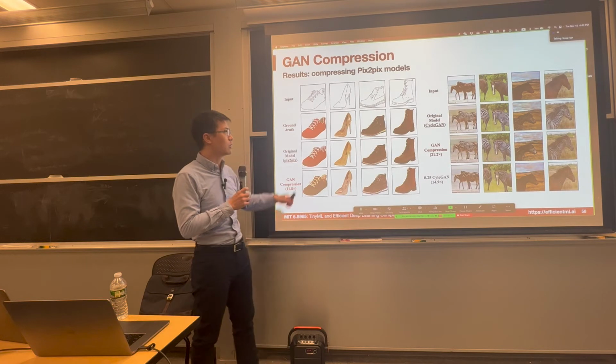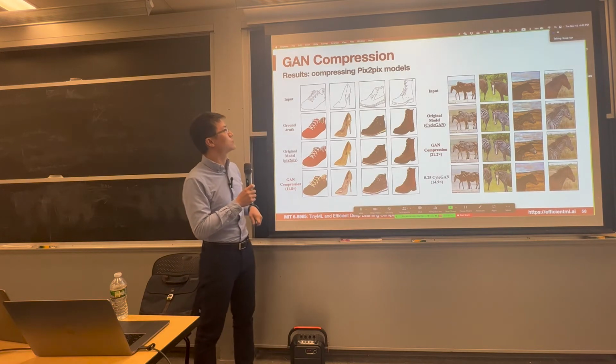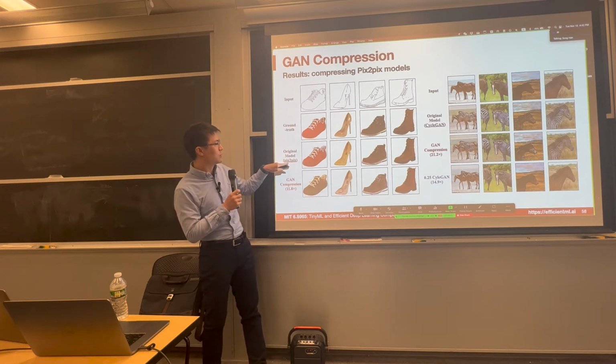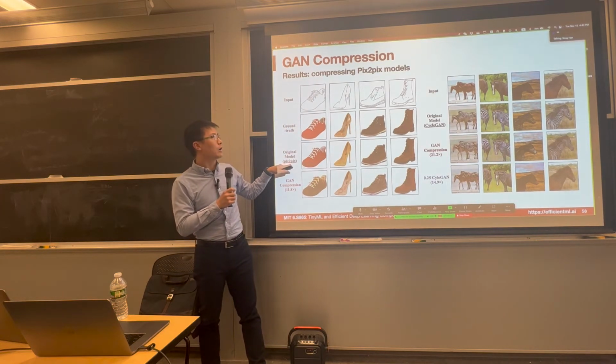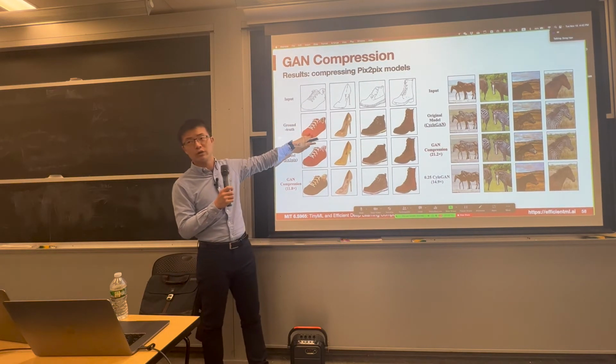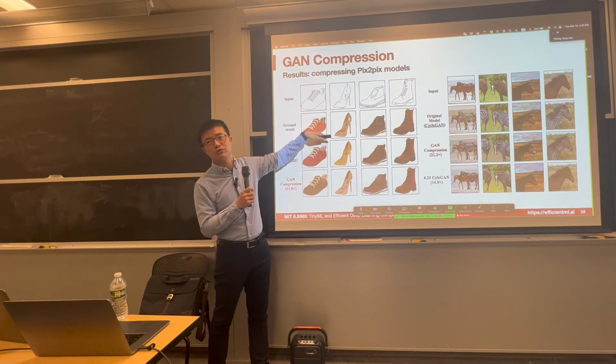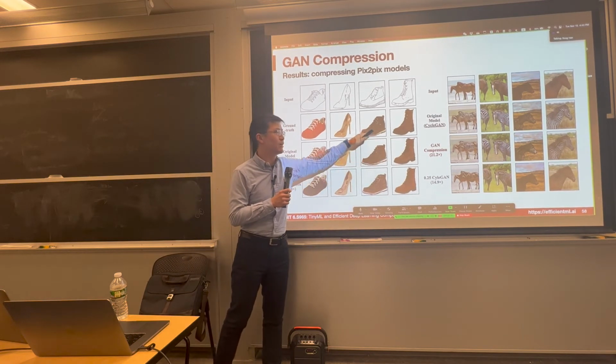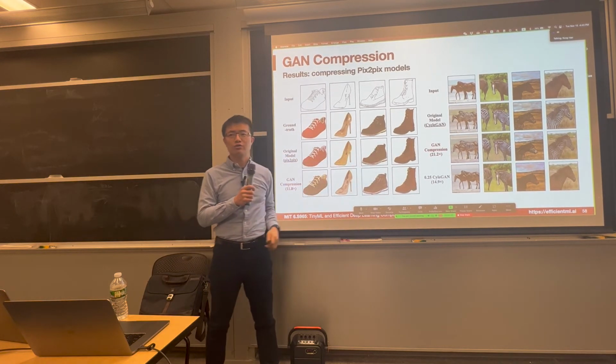So here are some examples of compressing the GAN models. This is the pix2pix work. This is the input. This is the ground truth. This is from edges to shoes, right? The original model's prediction is very close to the ground truth.